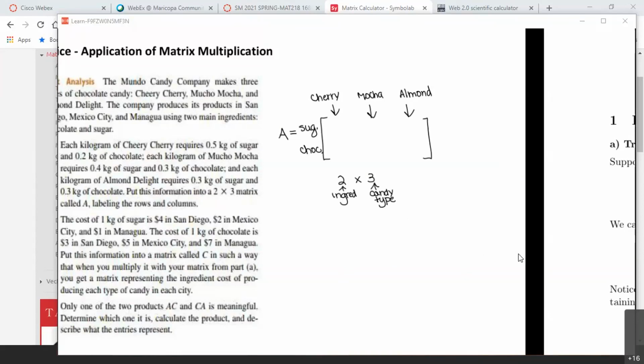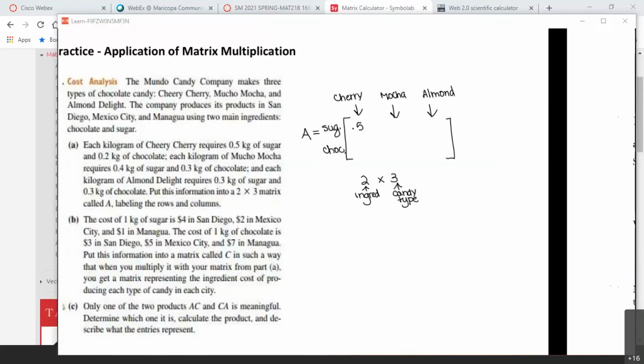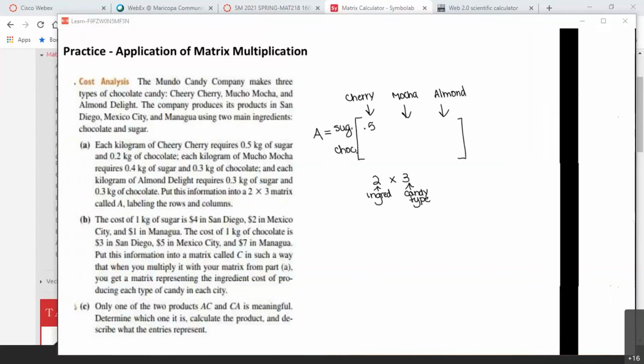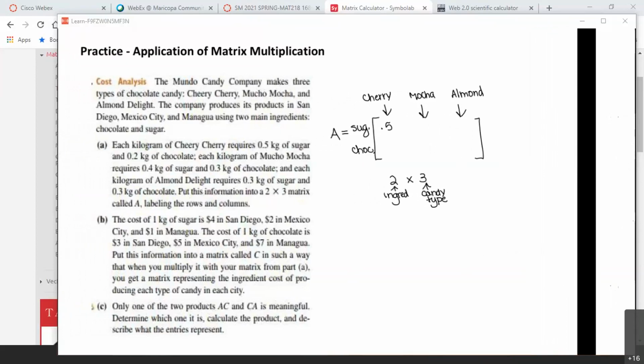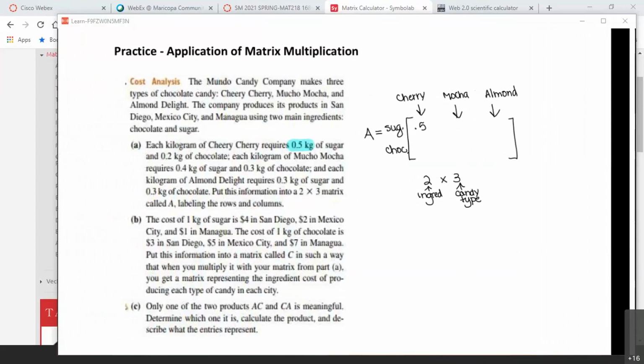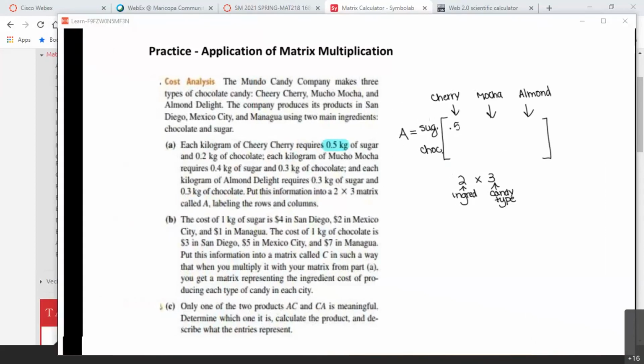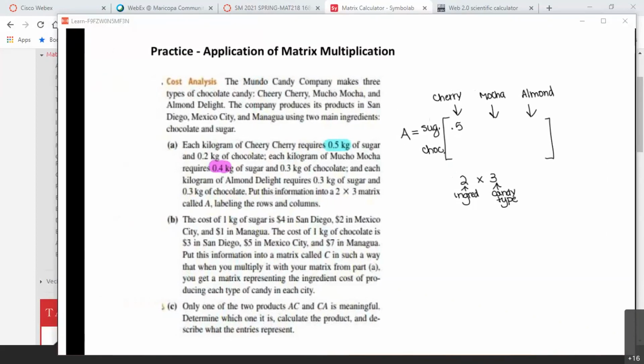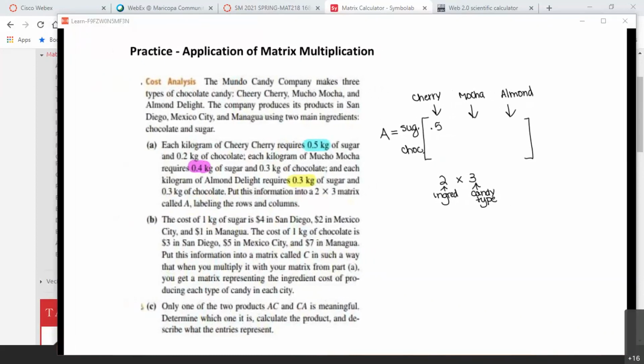And now I can put the values in, okay? So the sugar for cherry is 0.5, the sugar for mocha. And again, to make this easier, you can go back and take some strategies from critical reading. You can say, here's the sugar for the cherry, and then I can highlight in a different color the sugar for mocha, and in a different color the sugar for almond, right?